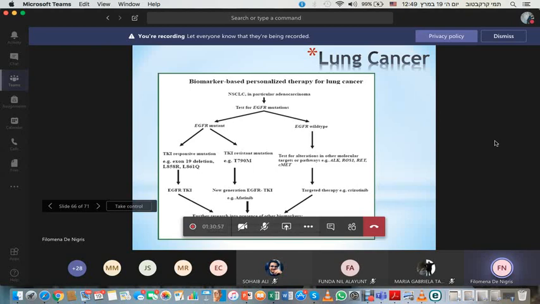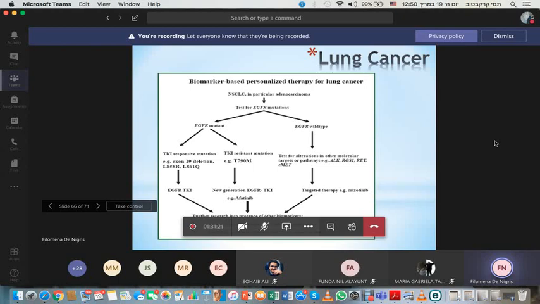these patients. If we don't have an EGFR mutation, we also look for other, less specific markers that reveal other constitutively activated pathways that we can block with specific inhibitors.